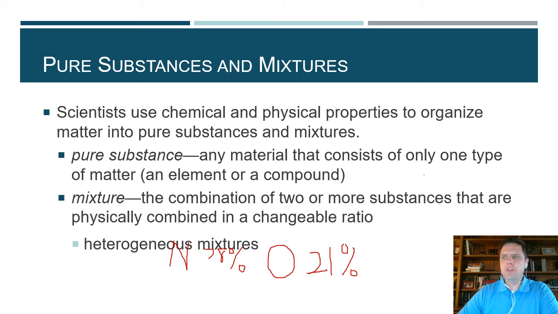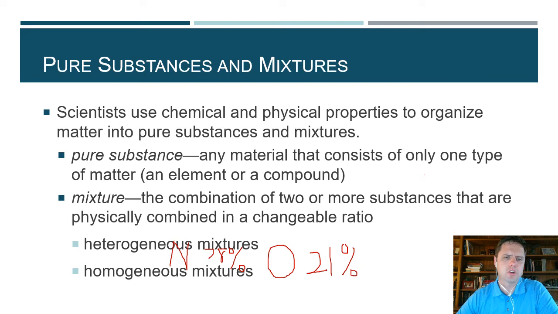All right, so then you have heterogeneous mixtures as well as homogeneous mixtures. A heterogeneous mixture is a mixture in which you can still see the separated parts. Homogeneous is when it's been mixed together thoroughly and you can't tell the difference between them. A good example of heterogeneous on a big scale would be Jell-O that had fruit in it, or a chocolate chip cookie.